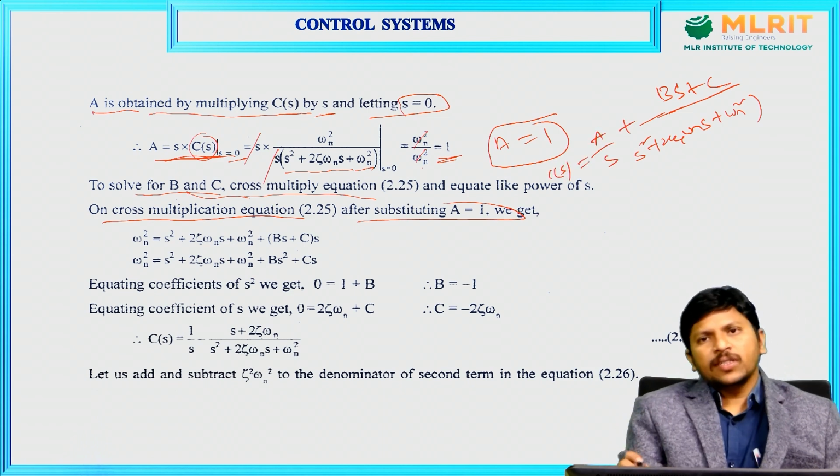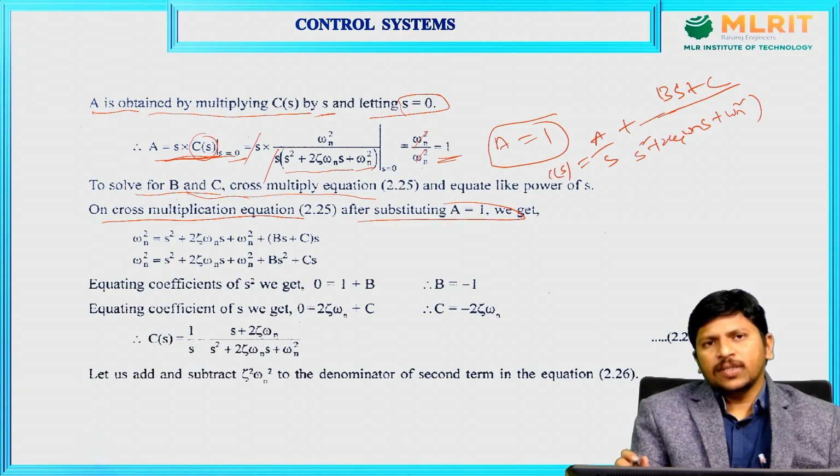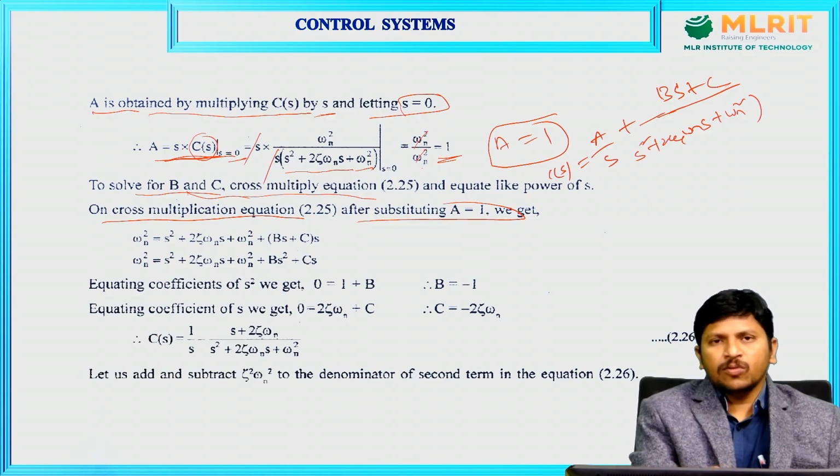We know C(s) equals ωn² divided by s times (s² + 2ζωn s + ωn²).